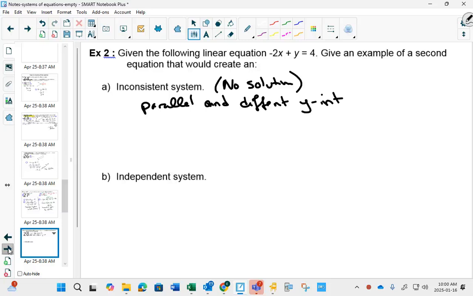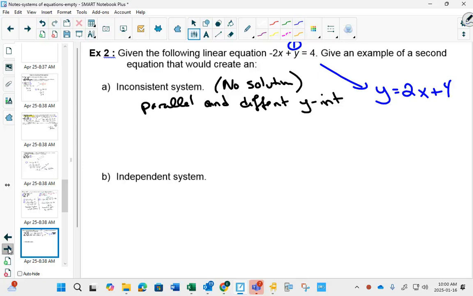So they have to have a different y-intercept. So one way that you could come up with an inconsistent system is you could take equation 1 here. I could get y by itself by adding the 2x on the other side, and I could say in my equation 1, in y equals mx plus b form, I know the slope is 2 and the y-intercept is 4.